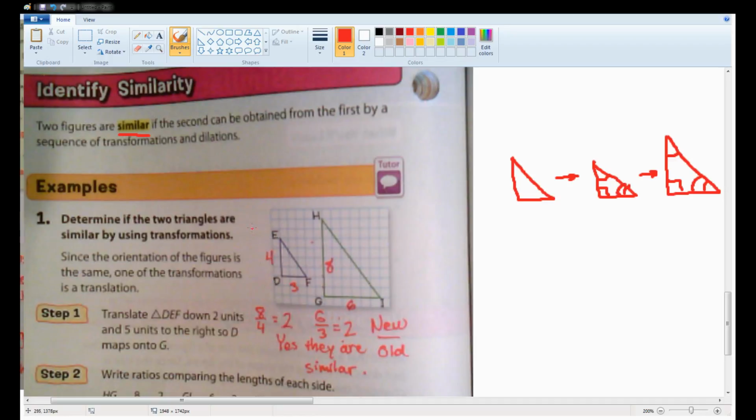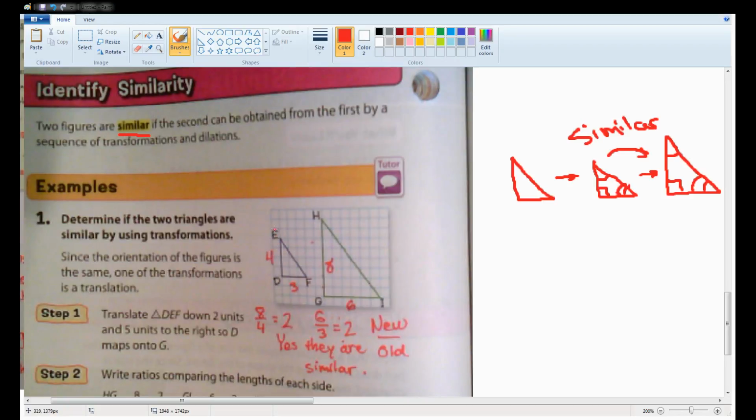So here's an example. Are these two triangles similar? Remember, similar means they've been dilated. Similar means dilated, not just translated, rotated, or reflected. In this case, yes, they are similar. And how can we tell?